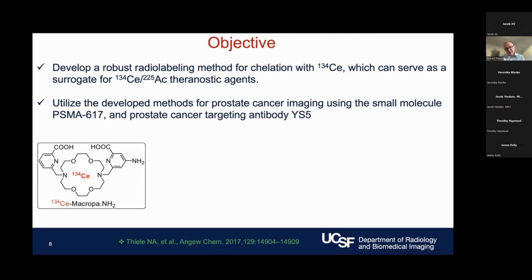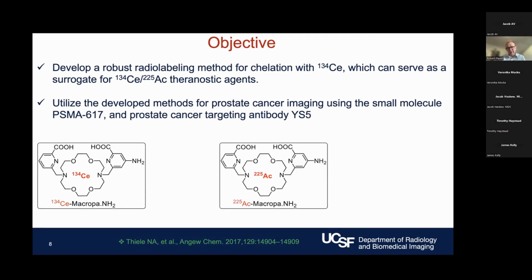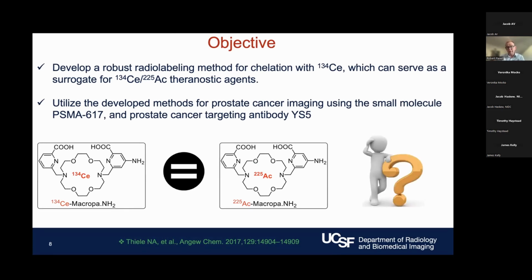So in addition to the commonly used DOTA chelator, we looked at the more recently developed Macropa chelator for this purpose, initially developed by Nikki Teal and Justin Wilson. We rationalized, since the chemistry of actinium-225 is similar to cerium-134, and the Macropa chelator demonstrated efficient radiolabeling kinetics for actinium-225, that it could work well for cerium-134 as well.